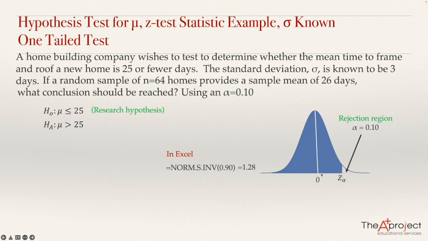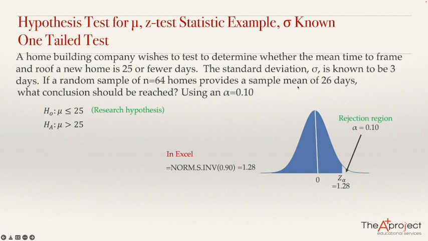If you use a table, you can see that this 1.28 will be the value of z that has 0.90 to the left, or the value of z that has an area closest to 0.90. So you have the value of z, this critical value, this value that separates the acceptance region from the rejection region. And now what are we going to do?